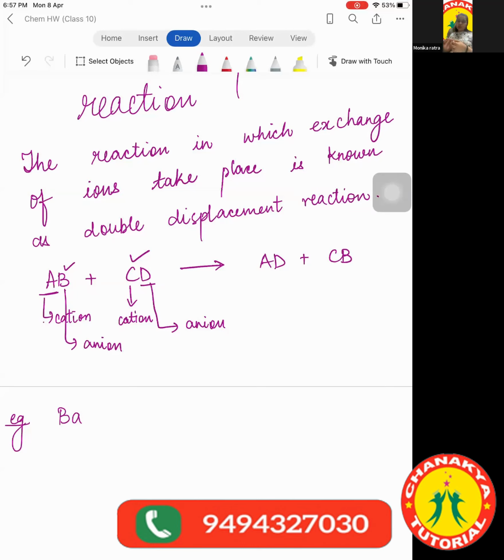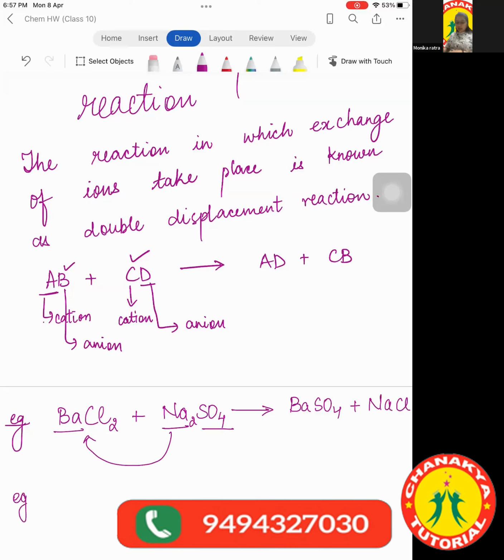It leads to the formation of barium sulfate and sodium chloride. I'll write the reaction. BaCl2 plus Na2SO4. This reacts to give, this is the cation, it reacts with the anion, so it forms BaSO4. This is the cation, it reacts with the anion, so it forms NaCl.